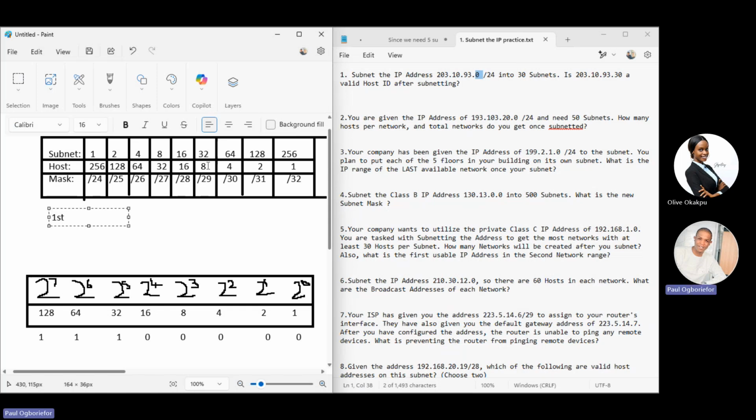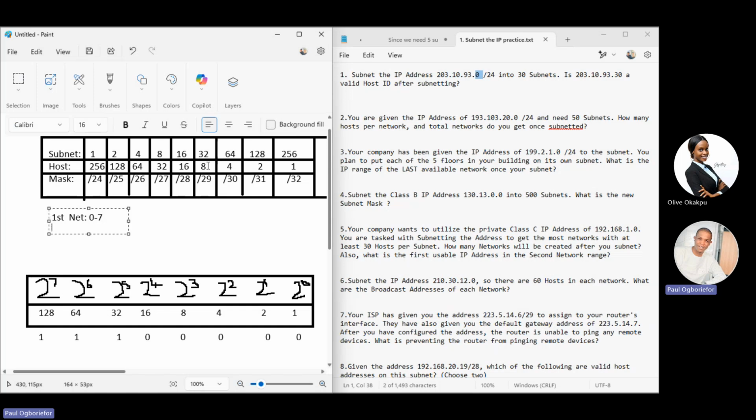Each of the networks will be starting from 8. So the first network will be from 0 to 7. Count 0 to 7 for me, you will get 8.